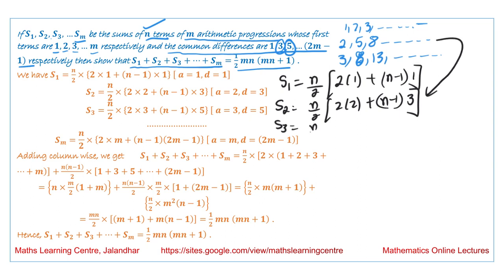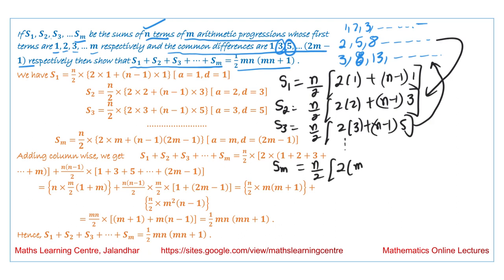S3 is n by 2 into (2 into 3 plus (n minus 1) into 5), the common difference being 5. Continuing in this way, for the last sequence, Sm is n by 2 into (2 into m plus (n minus 1) into (2m minus 1)).